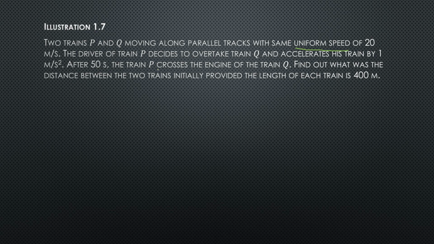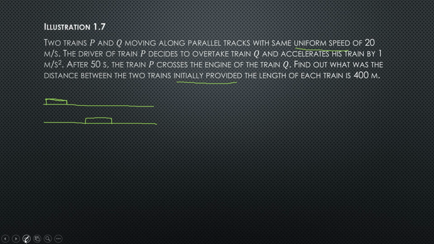After 50 seconds, train P crosses the engine of train Q. Find out what was the distance between the two trains initially, provided the length of each train is 400 meters. So there are two trains, let's say on parallel tracks. Let's say this is train P and this is train Q. This is 400 meters. Let's assume this is also 400 meters.